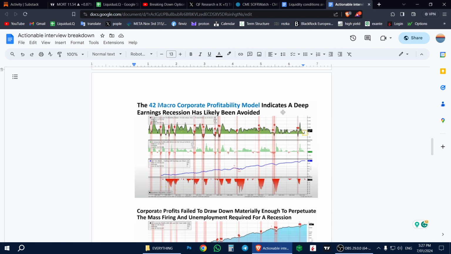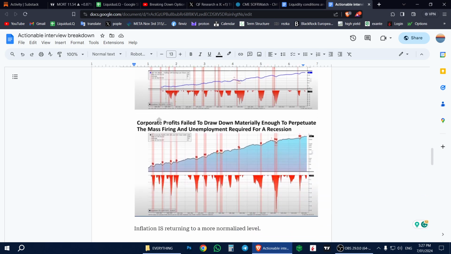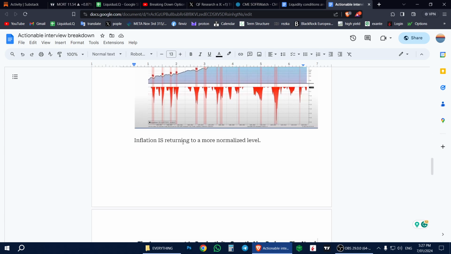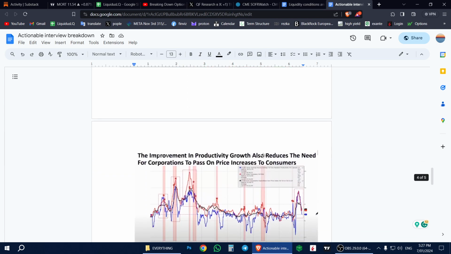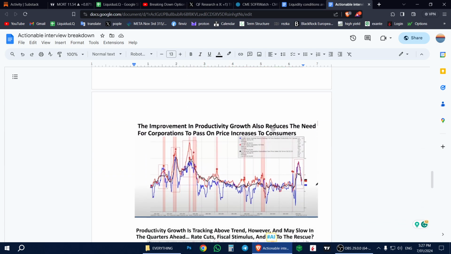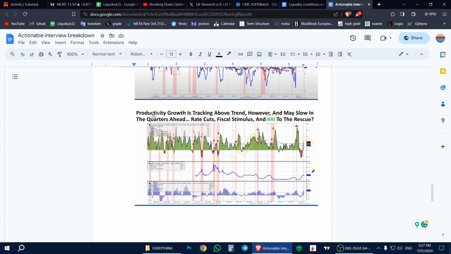Corporate profitability model indicates a deep earnings recession has likely been avoided. Corporate profits fail to draw down materially enough to perpetuate the mass firing and unemployment required for recession. Inflation is returning to a more normalized level. The improvement in productivity growth also reduced the need for corporations to pass on price increases to consumers.